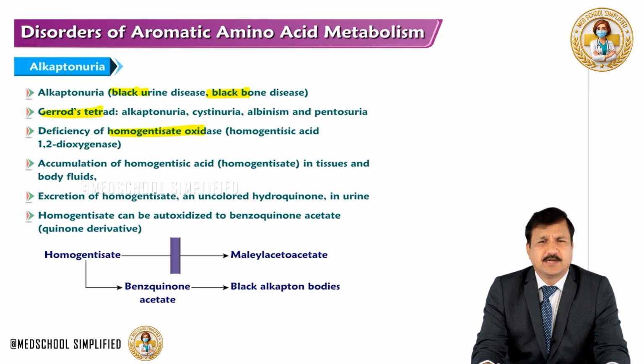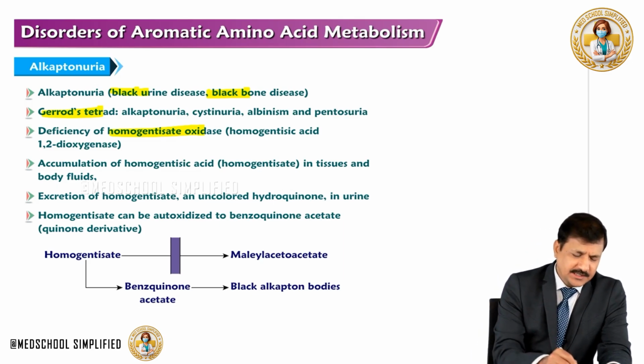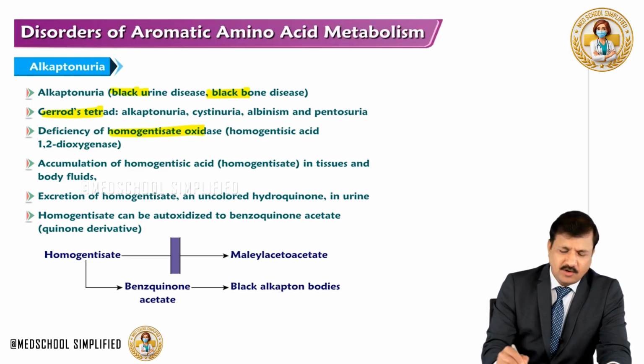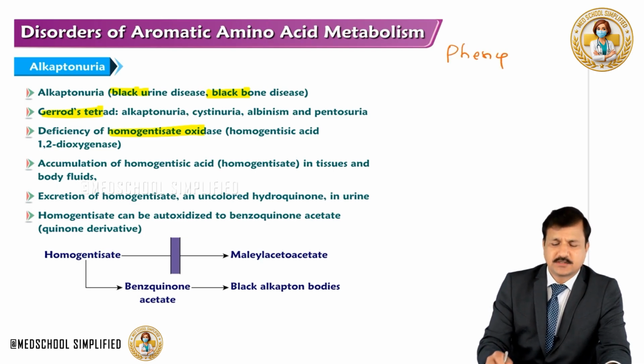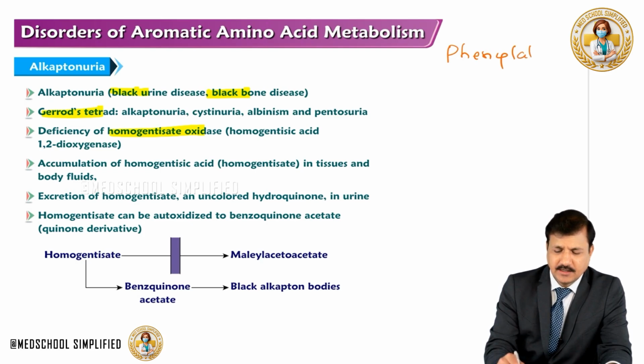So what does this enzyme do? The homogentisate oxidase enzyme is involved in the catabolism of tyrosine, as we have seen in our earlier lectures, following the conversion of phenylalanine into tyrosine.